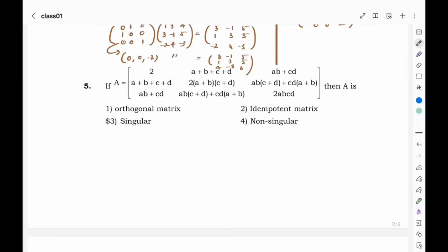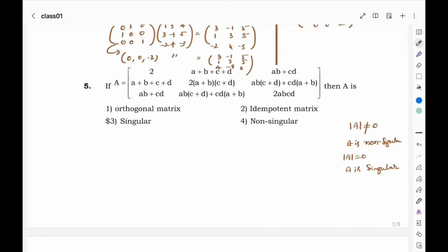Now, if you look at the fifth question, first you should be acquainted with the types of matrices. When det A is not zero, we say A is non-singular. When det A is zero, we say A is singular.